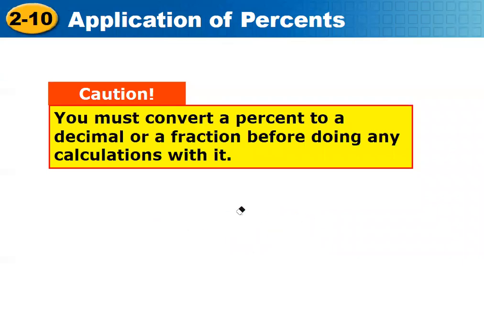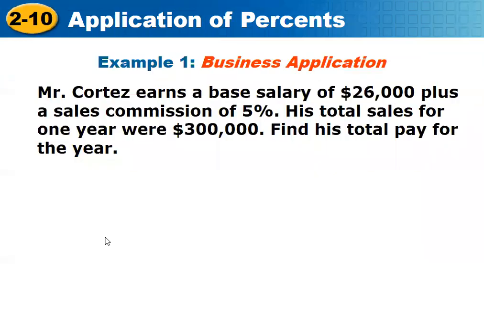Next, Mr. Cortez earns a base salary. So take care about the base salary of $26,000 plus a sales commission of 5%. His total sales for 1 year were $300,000.